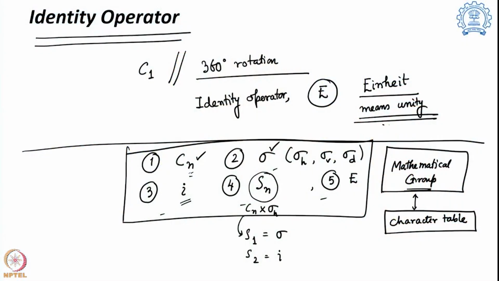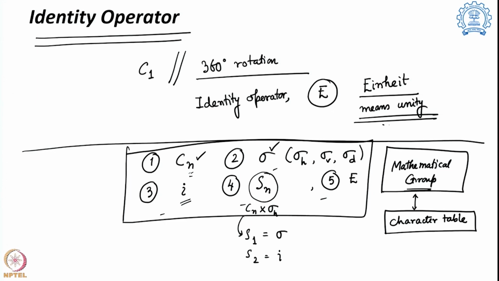And lastly, we have this identity operator E, which completes the full group of this symmetry, so that we can create a mathematical group and connect that to the character table to understand the properties of a molecule with respect to their symmetry. And over here we are thinking, okay, now we know we are going to have these kinds of symmetry elements, but how to connect that with CD spectroscopy, because CD spectroscopy connects with chirality.